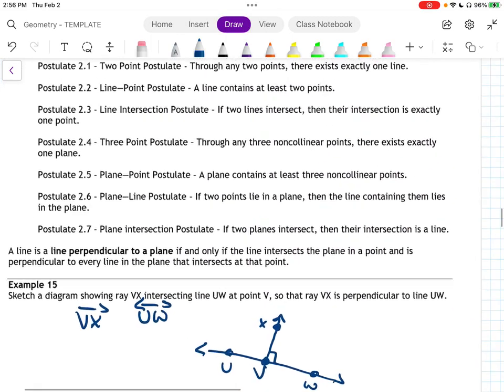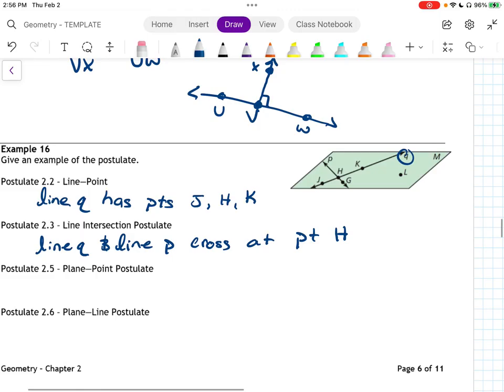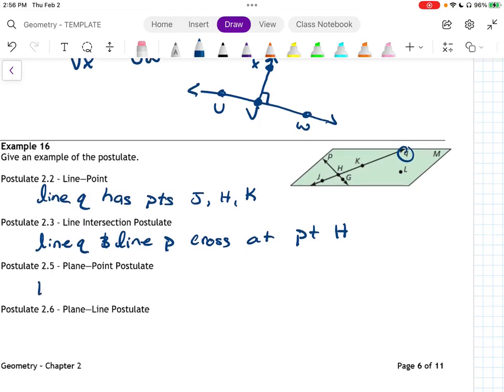The plane point postulate. Now, let me reread just to make sure. A plane contains at least 3 non-collinear points. All right, so we could say plane M. And then we need to pick out 3 points.